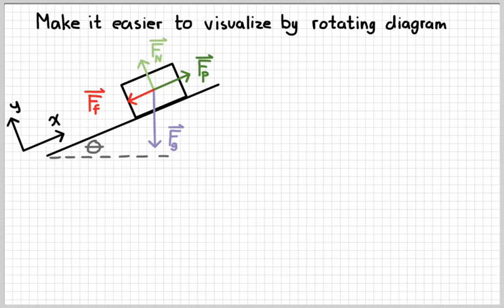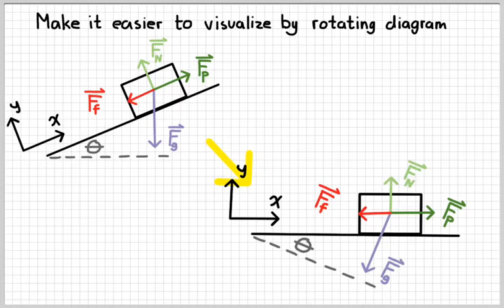What might make it slightly easier to visualize is if you took the diagram that we drew, the one that looks like that, and rotated that whole thing so that our x and y axes are pointing up and to the right like we're accustomed to them being.